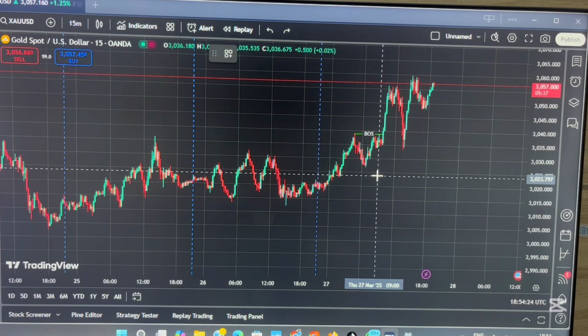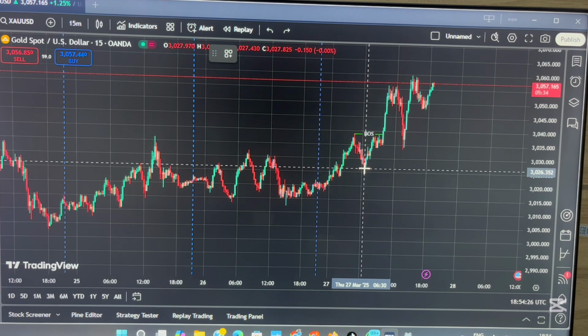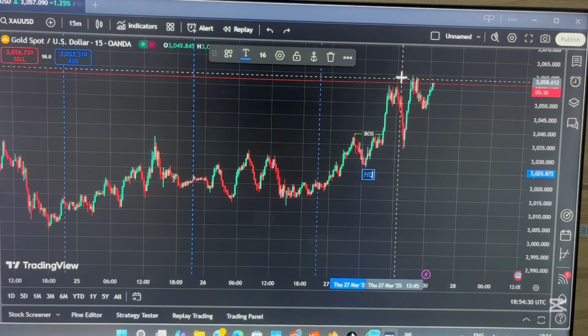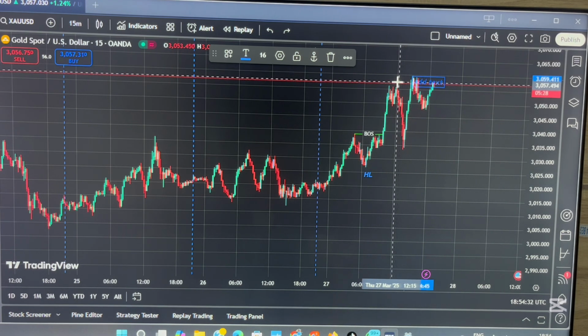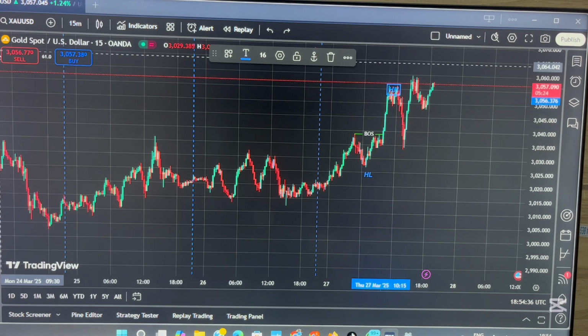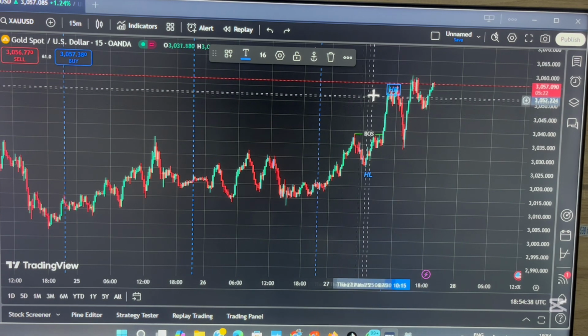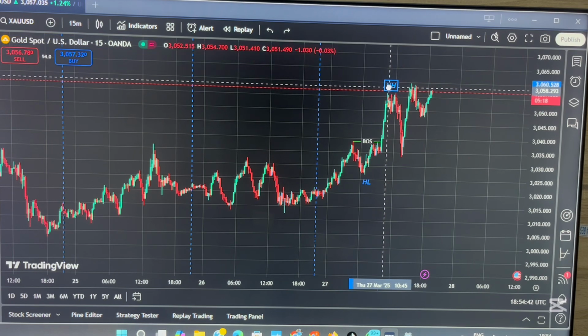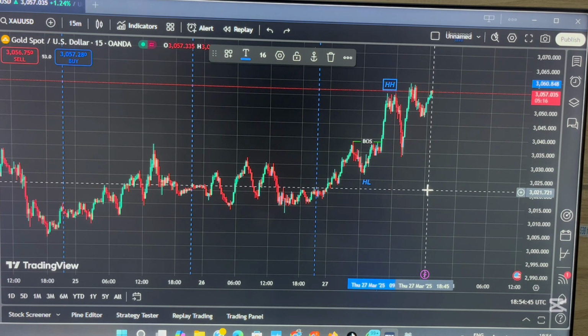This was the current higher low, and this was the current higher high. So this was how I traded gold today, being the 27th of March.